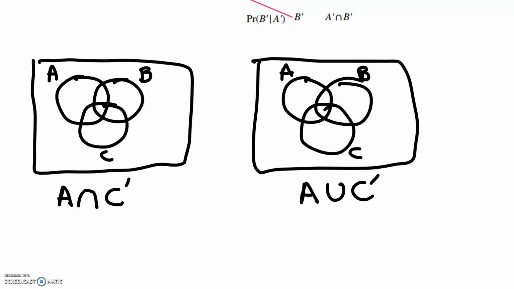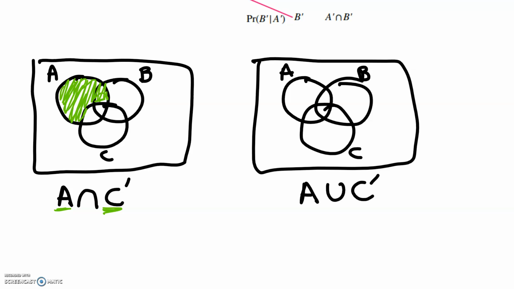So if we're saying and, it has to fulfill both criteria at the same time. So there's only sections that are included in A's circle and not included in C's circle. So that would be all of this. The parts of A that aren't part of C.